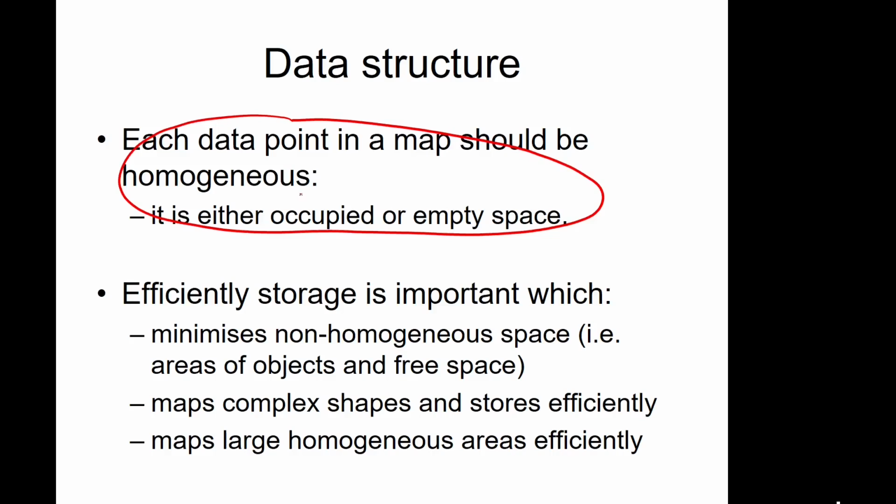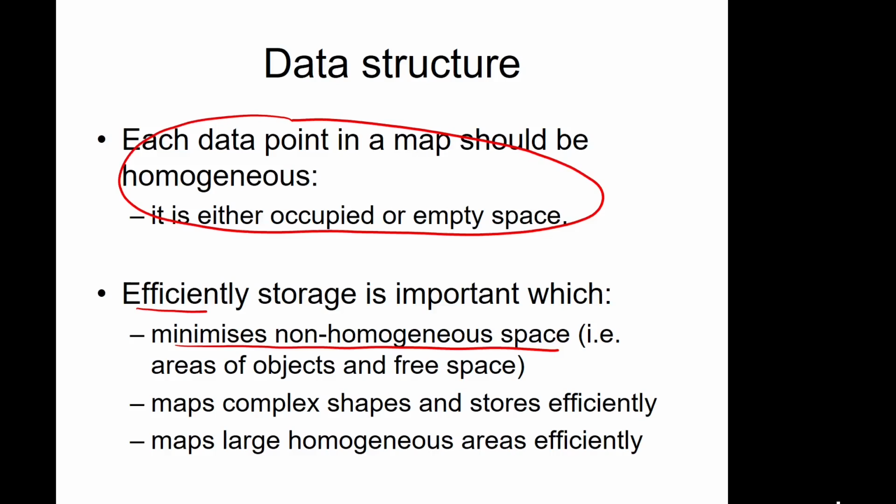So in terms of how we build this map, or an efficient way of building this map, what we'd like to do is minimize non-homogeneous space. So it's very difficult to get a scenario where we know exactly every point in space is either an object or free space.